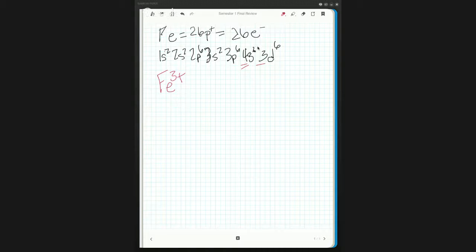There are 2 of them, so this 4s2 goes away. It loses both electrons from 4s2, so there are no longer any electrons in the 4th energy level. Now that it's lost those electrons, it then goes to the next outermost energy level, and the next subshell, the next orbital within a shell.